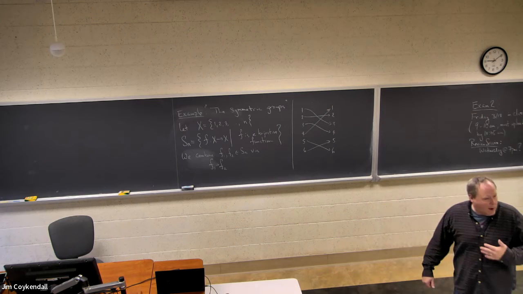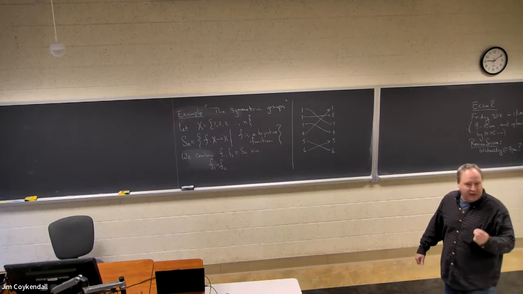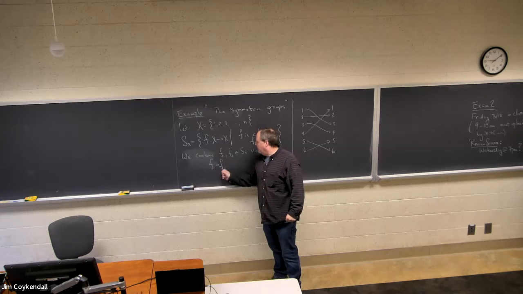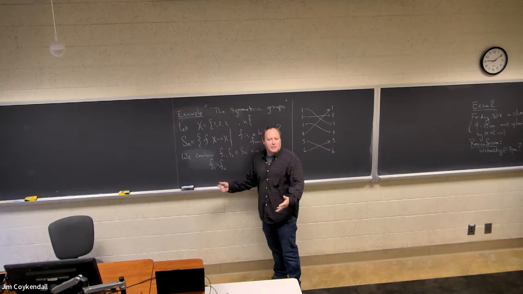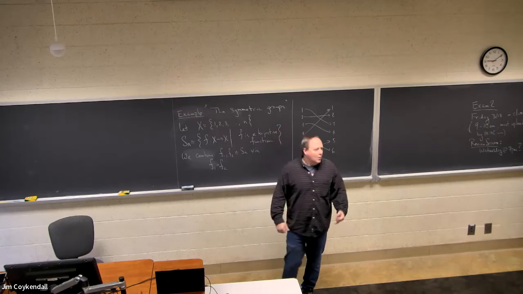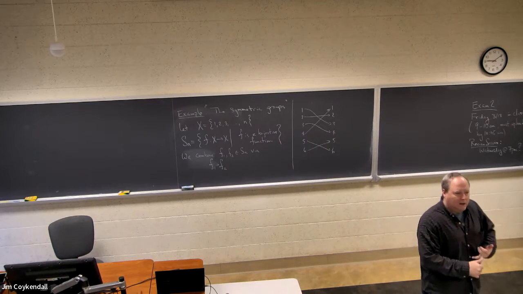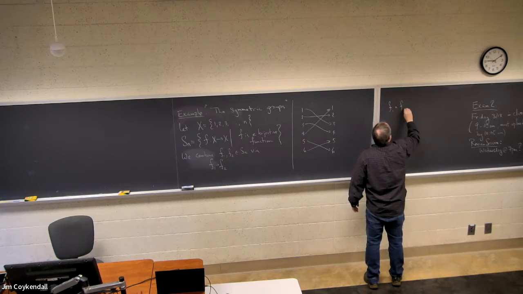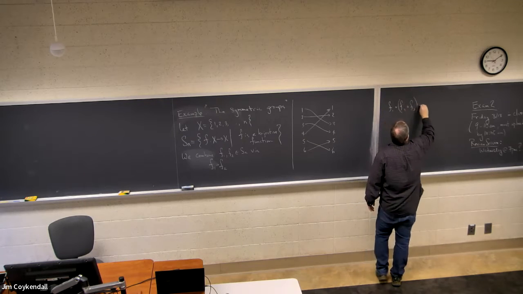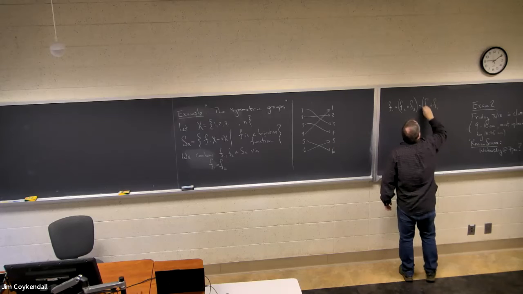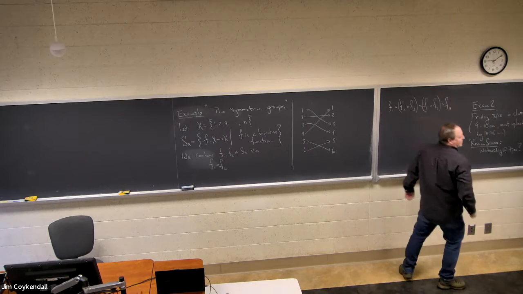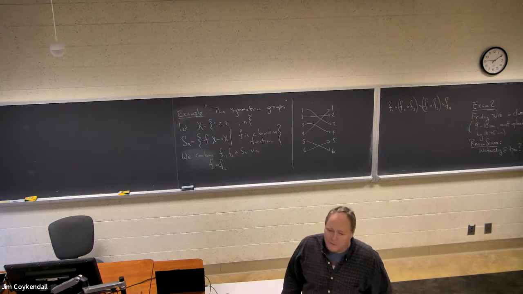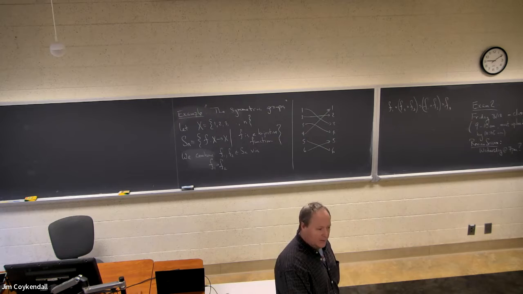This is why bijection is important, because now you've got closure. That is to say, if you combine two elements of S_n, you get a new element of S_n, a new bijective function. What else do we need to be a group? We need the operation to be associative. Actually, we showed earlier in this class that function composition is always associative. So we've got that.